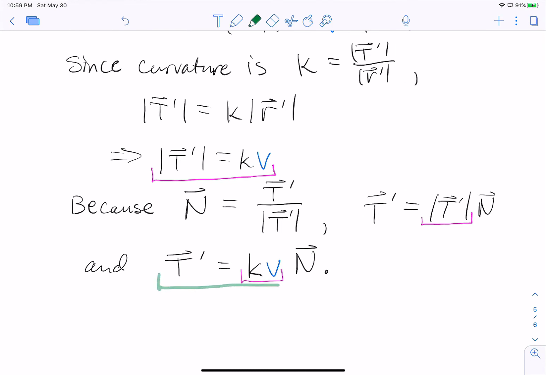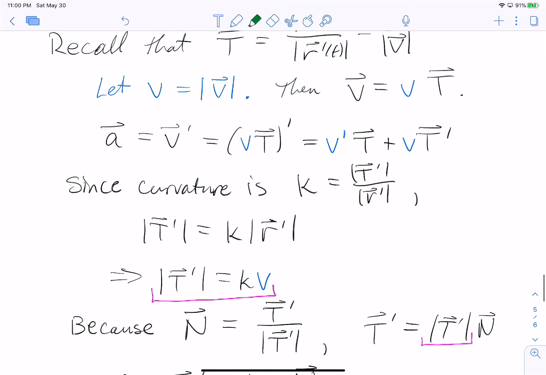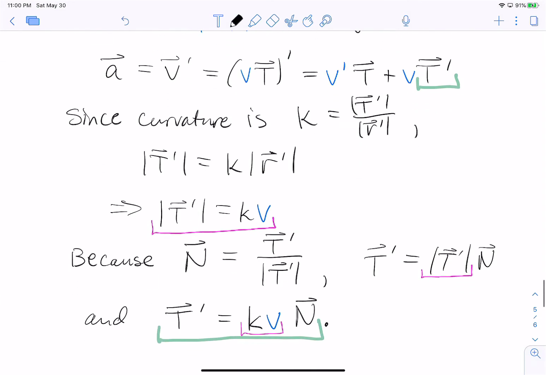And folks, the point of this, being able to say that T prime is kappa v N, is that we're going to replace T prime in the acceleration vector that we came up with by using the product rule.